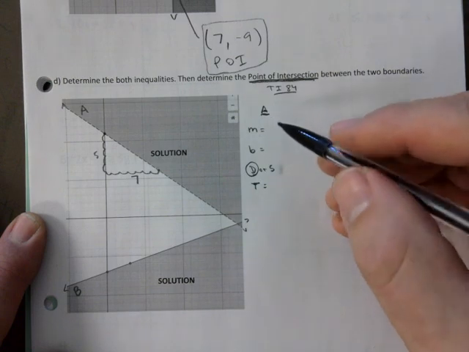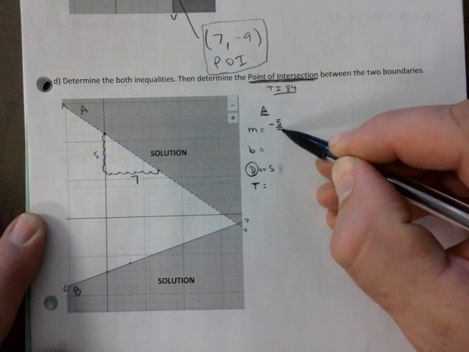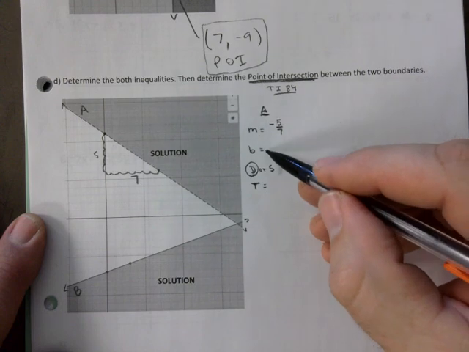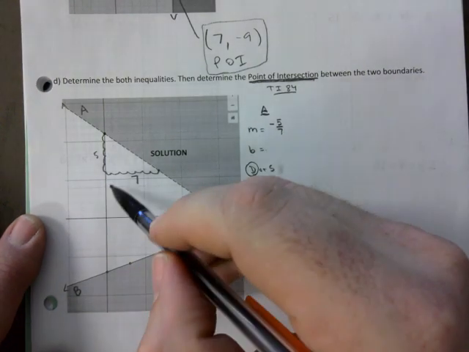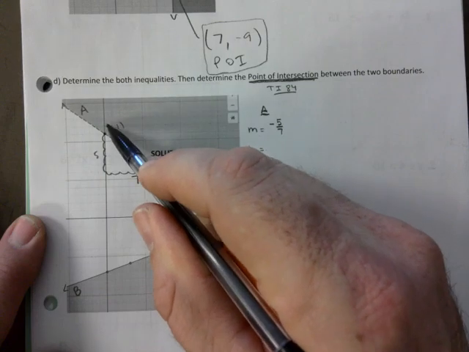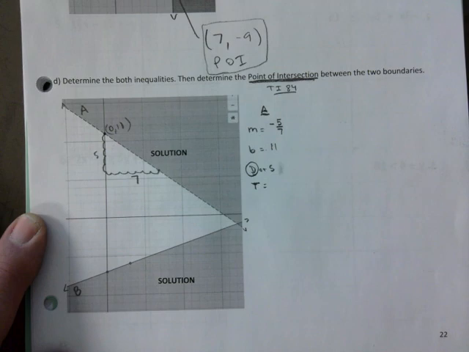Is it positive or negative? It's negative, right? Because it's dropping. So just count vertical, horizontal, and then worry about the sign later. How's that? Intercept is this 11? Yeah, it looks like it's 0, 11. So the intercept is 11.